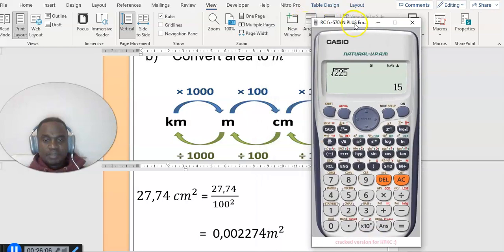Let's press. So you have 27.74, then 100 square. It gives us this value, and this value is the same as if I move. Remember, we've done what we call scientific notation.